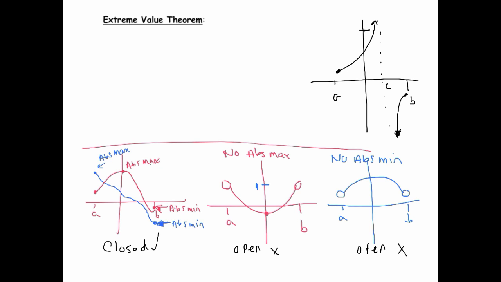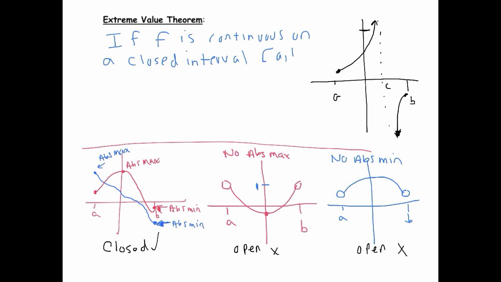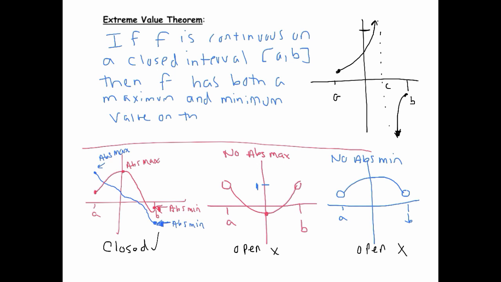So the extreme value theorem says that if f is continuous on a closed interval a to b, then f has both an absolute max and min value on that interval.